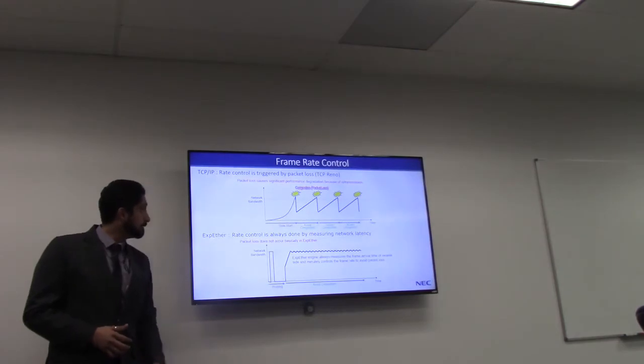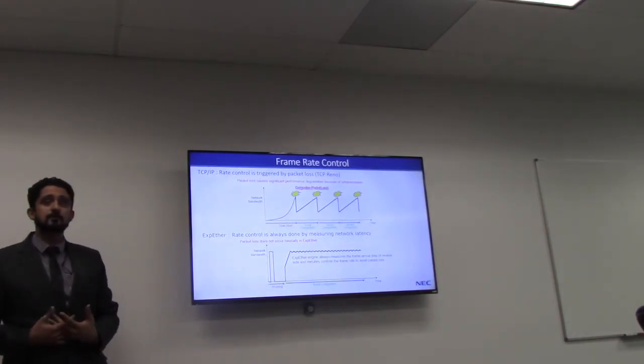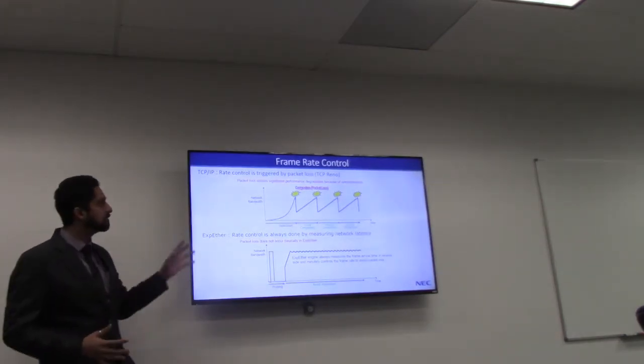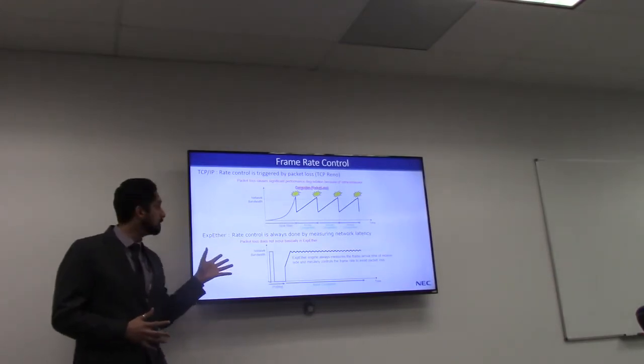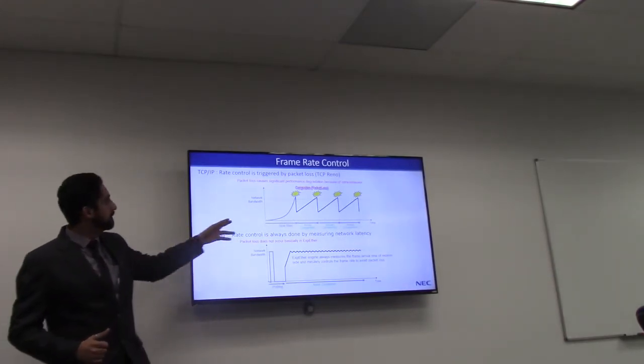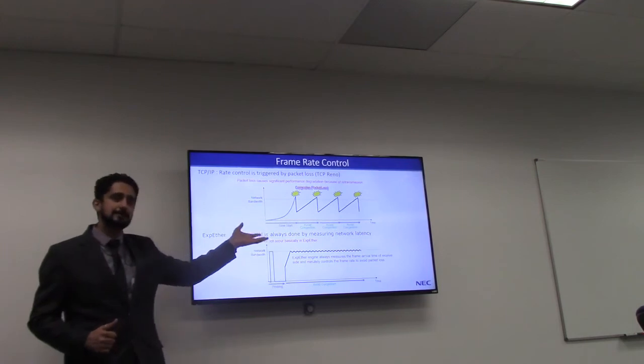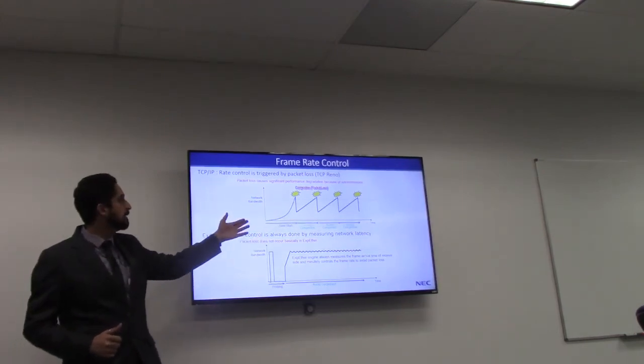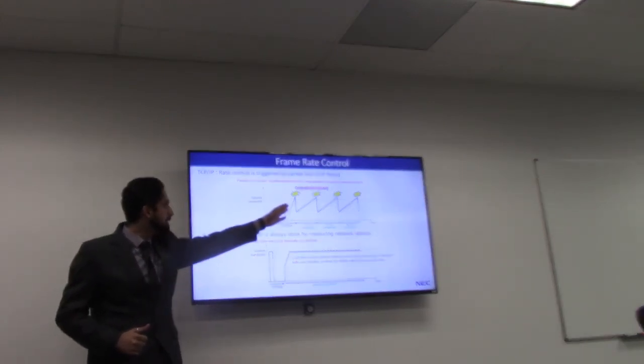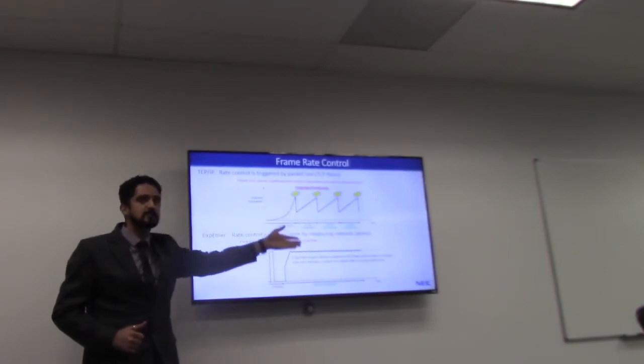Another part, in order to maintain the performance, is the frame rate control. This is different from the TCP/IP RNO. Normally TCP/IP RNO is a lossy approach, and as soon as the network hits the congestion boundary, there is packet loss.